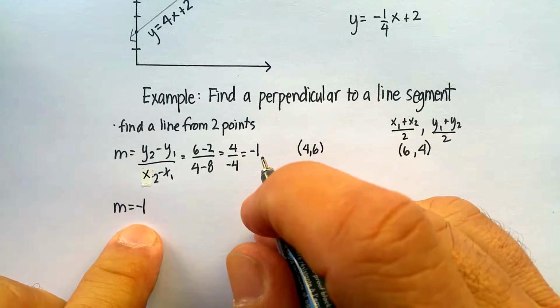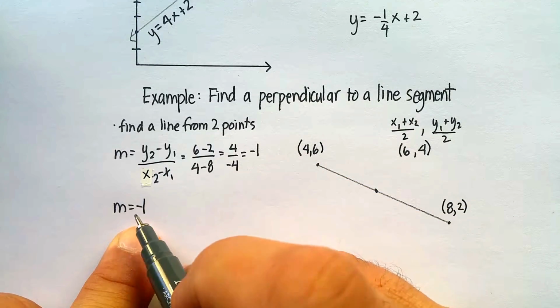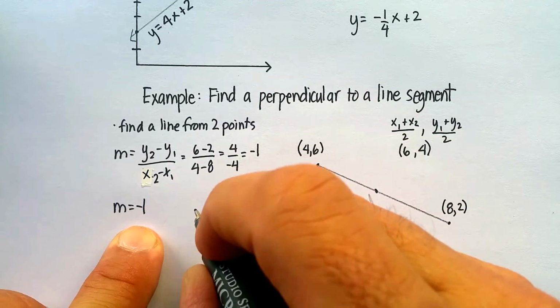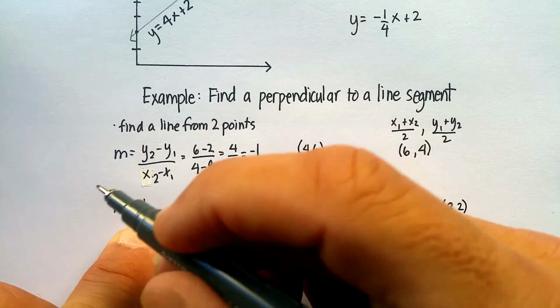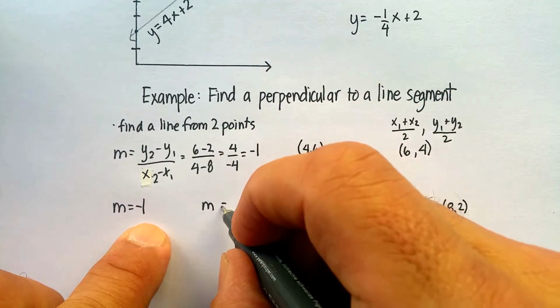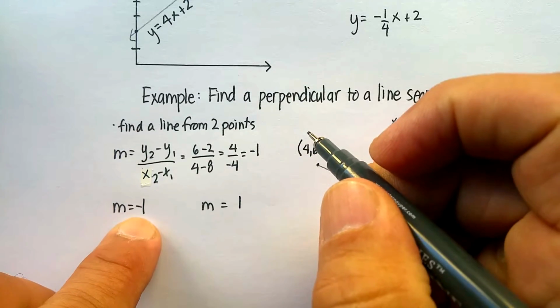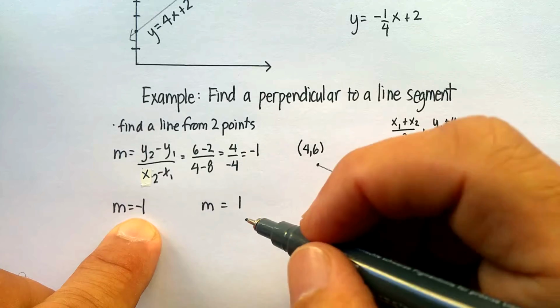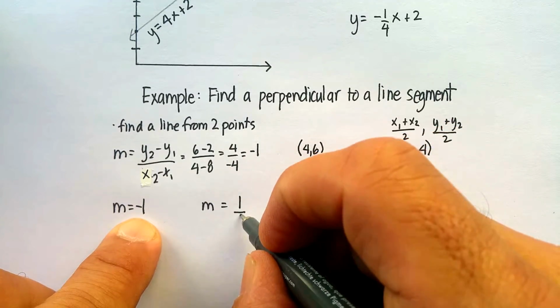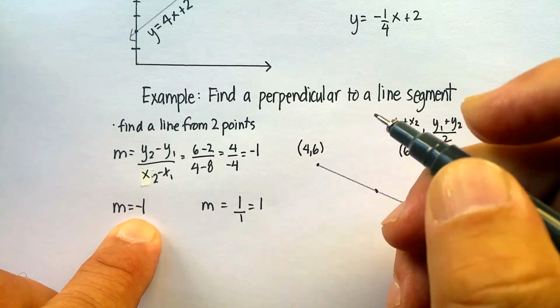What's the negative reciprocal of a negative 1? Let's figure that out. So I know the negative of a negative 1, negative, negative, gives me positive 1. And the reciprocal of negative 1 is just 1 over 1, right? Which is still just 1.